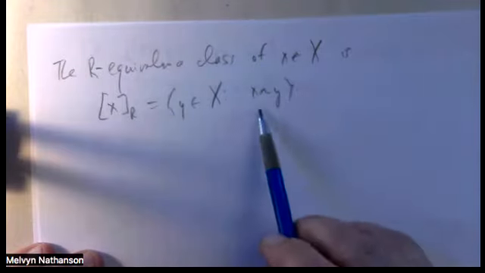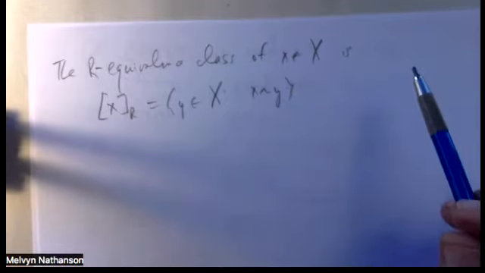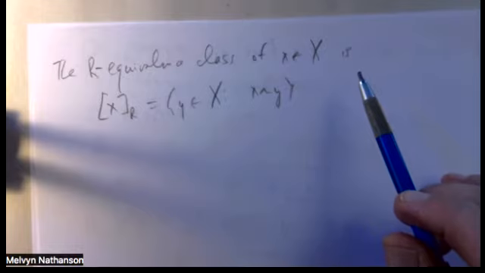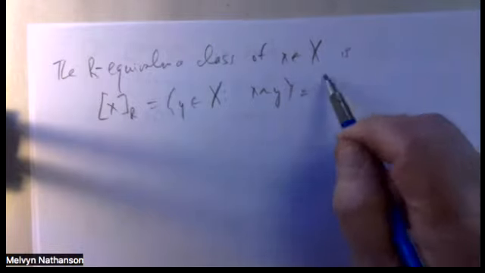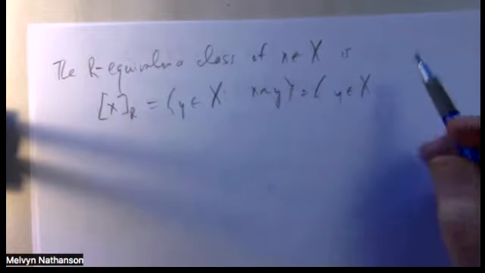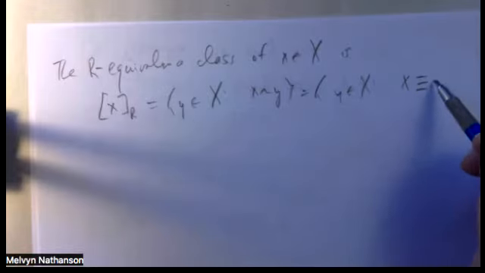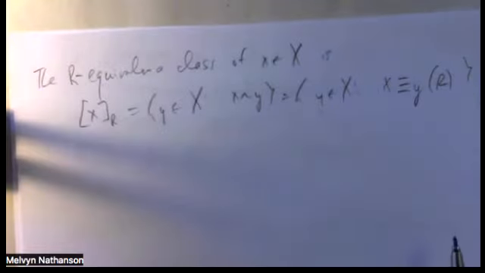So all y in X such that x and y are related, they're in the relation. Sometimes this is written the same way, but instead of using the squiggle, they use these three lines. This is just notation. It's nothing new.